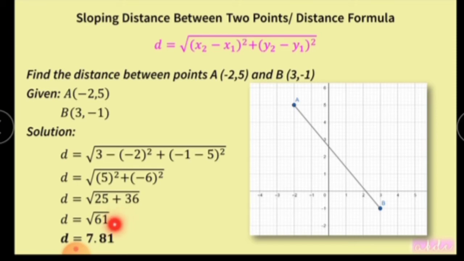Since the square root of 61 is not a perfect square, we can approximate it as 7.81, or 7.8 rounded off. So the distance from point A to point B is almost 7.81. That is the distance between 2 points, or the distance formula.